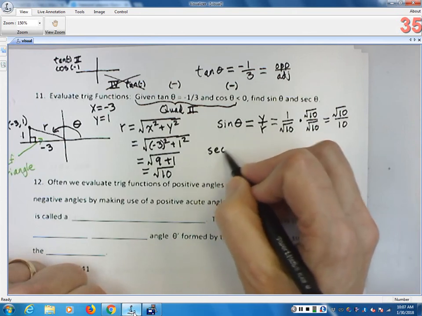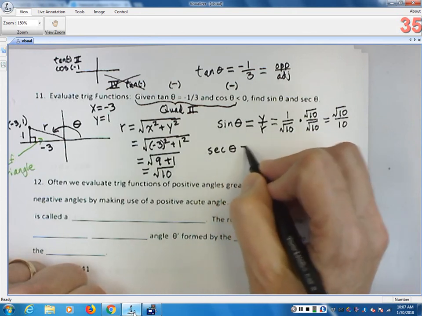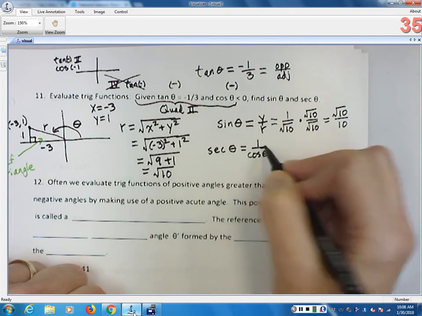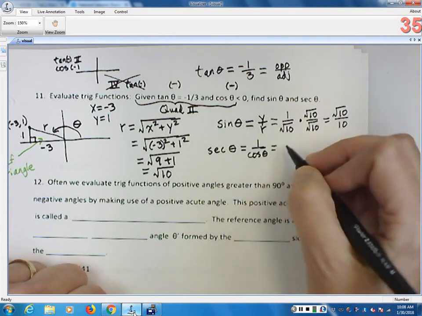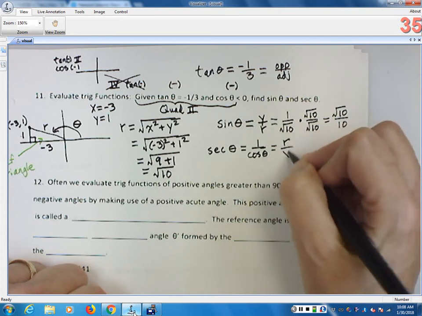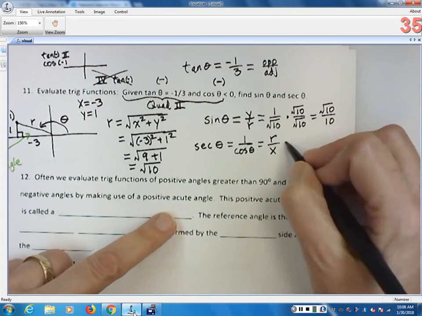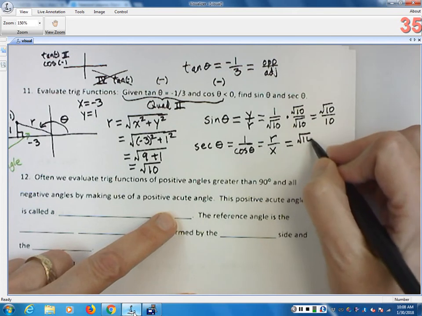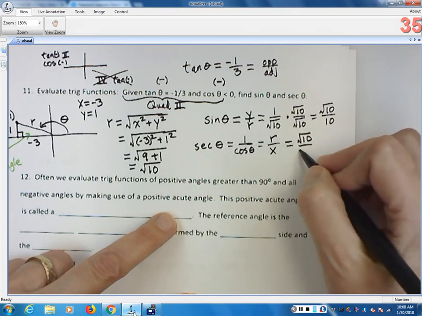Secant is 1 over cosine. Cosine is x over r, so we're going to have r over x. If we want to do it that way, r is square root of 10, x is negative 3.